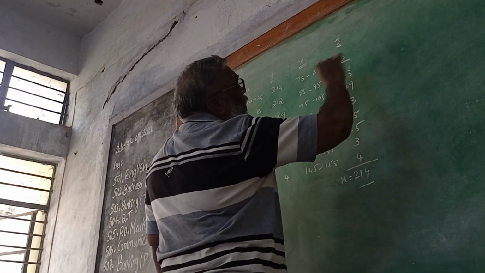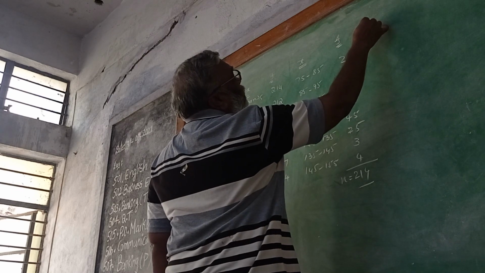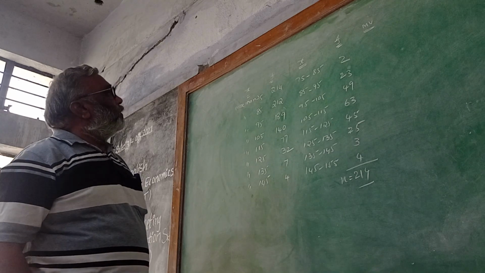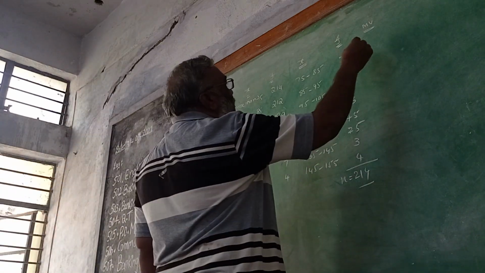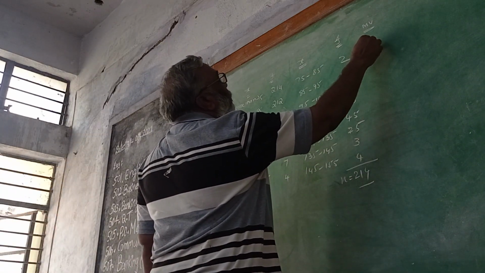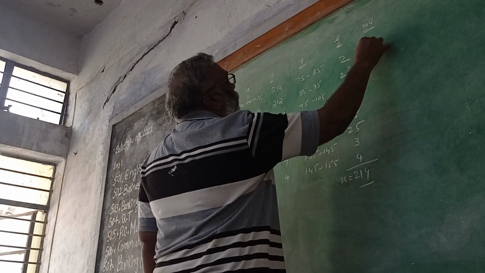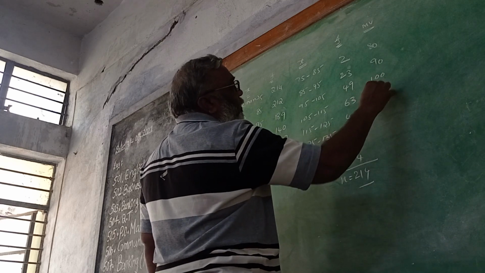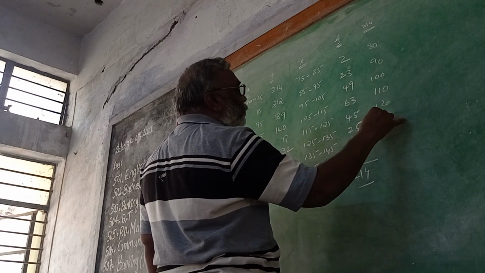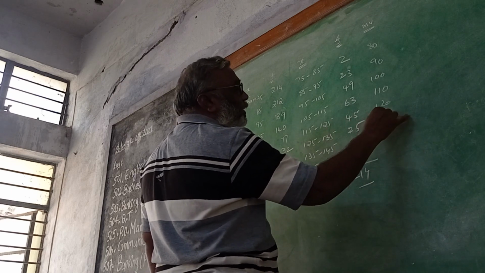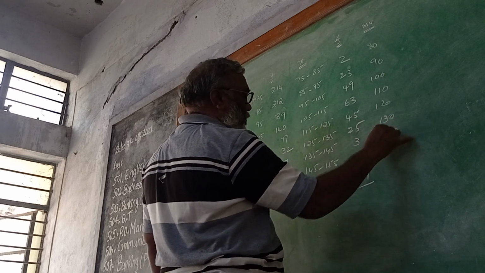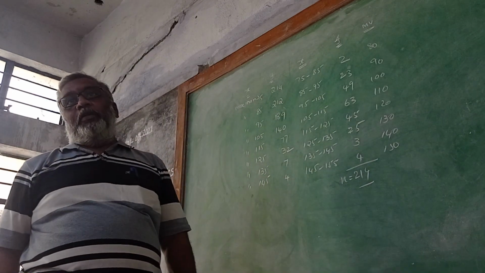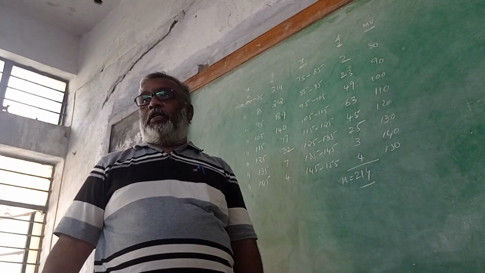In this arithmetic mean, first step is take mid values from class interval. Mid values are 80, 90, 100, 110, 120, 130, 140, 150. Mid values means lower level plus upper level by 2.